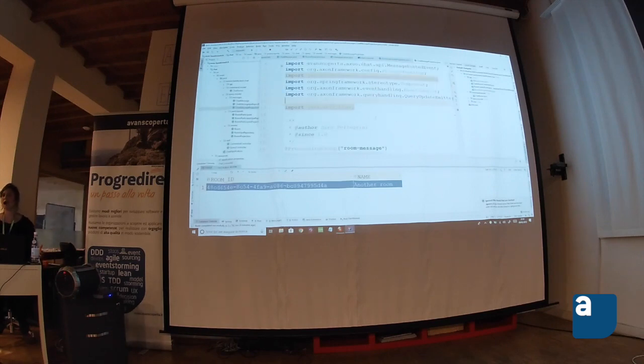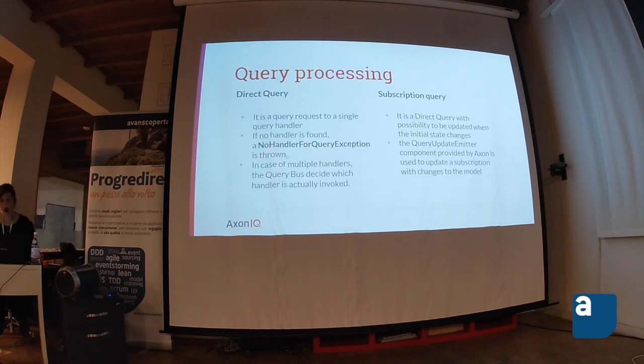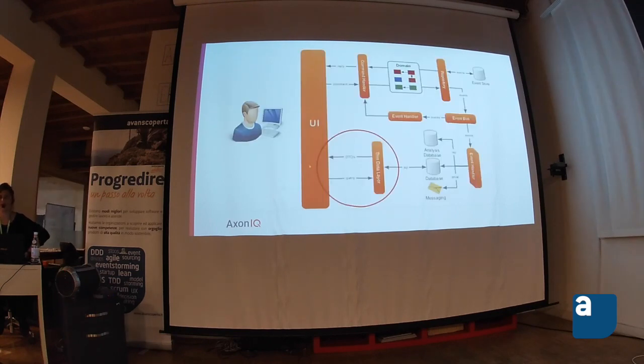We can create the query message, which is the last API that we are missing. So let's try to create the query message, and in order to do that, I want to ask you something more. We are focusing now on the last part of the application. We want to interrogate our projection with queries from the client, from the user interface.